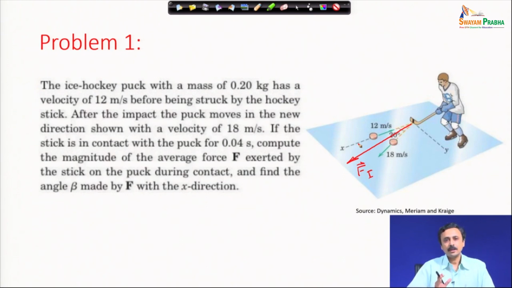Impulsive forces can change the direction of a particle almost instantaneously. So, if you see a particle initially moving in a certain direction and suddenly it changes direction, then you must know that there has been an impulsive force. It acts for a very short duration and it changes the momentum. So, it rotates the linear momentum vector, which we have seen. The impulse of the force, if it can change the linear momentum vector in a very short duration, then there must have been an impulsive force.